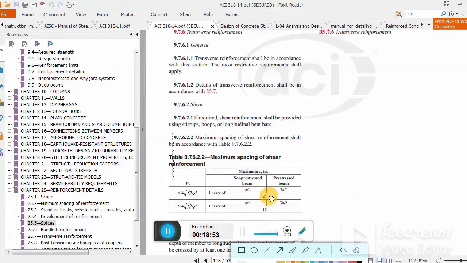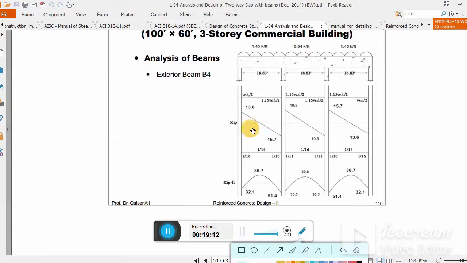The code does not allow us to increase the spacing more than 24 inches. Now you have to select the lesser value of these two. Let's say I divide d by 2, that gives me 18 inches or 15 inches. So what I did, I provide stirrups at 15 inches center to center through the beam. So in that case we get a uniform spacing.